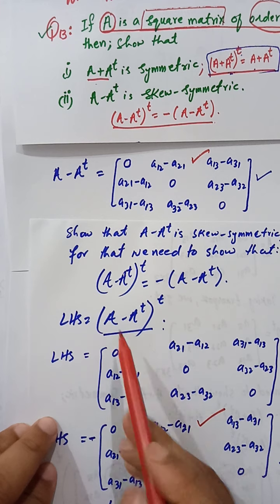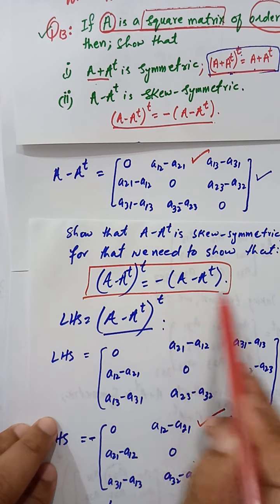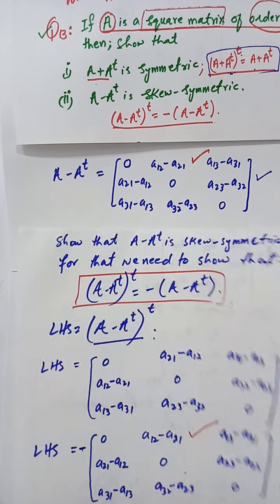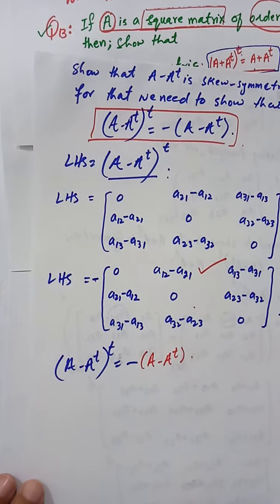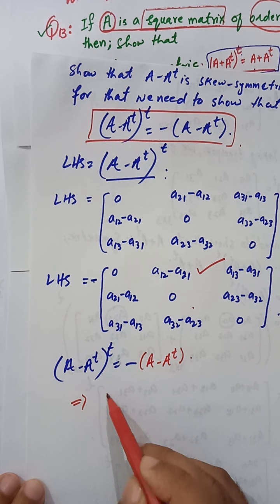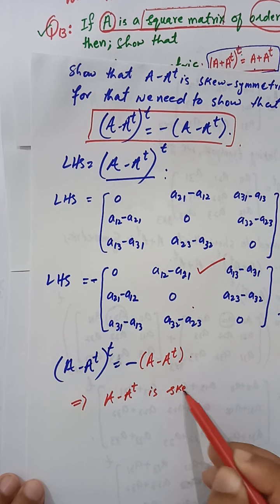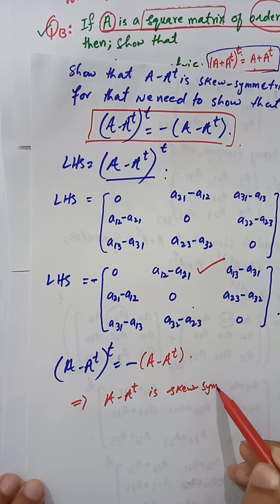So you see that this is satisfied. Whenever a matrix transpose is equal to minus times that matrix, such a matrix is called a skew symmetric matrix. So we can say that this implies that A minus A transpose is a skew symmetric matrix.